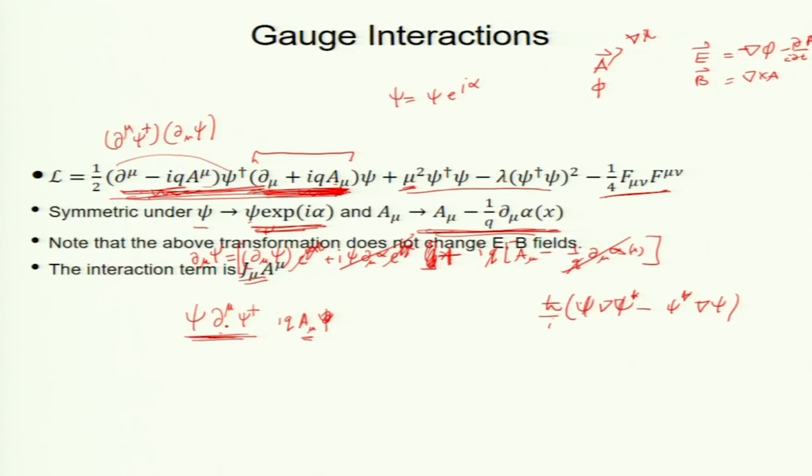This is part of the current function. So, the current is multiplied by A mu and the coupling constant is q. Is that clear? This is the current J mu A mu. This is the gauge interaction. Now, we are going to look at Higgs after this.